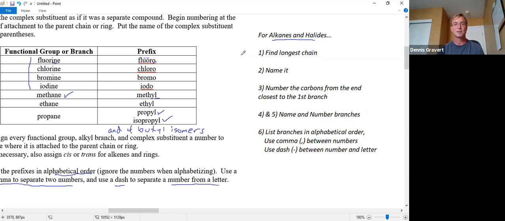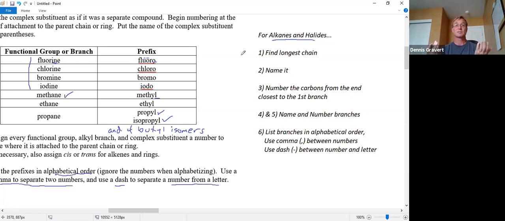Where's the longest sequence of carbons? Step 2, name it, and you have to have those 10 alkanes memorized, from methane, ethane, propane, all the way up to nonane and decane, because that's going to be your parent name.